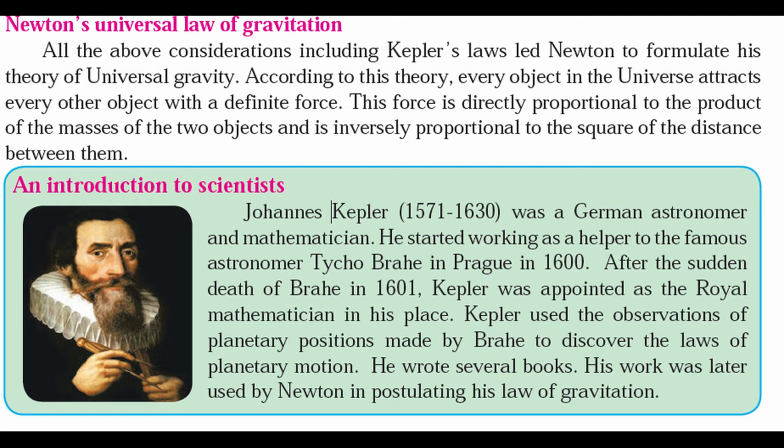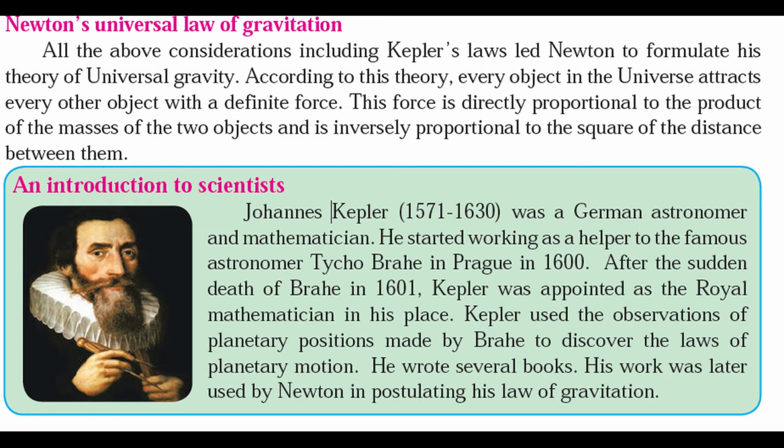Let's talk a little bit about Johannes Kepler, who was a German astronomer and mathematician. He started working as a helper to another astronomer who was very famous at that time. His name was Tycho Brahe, who worked in Prague in 1600.